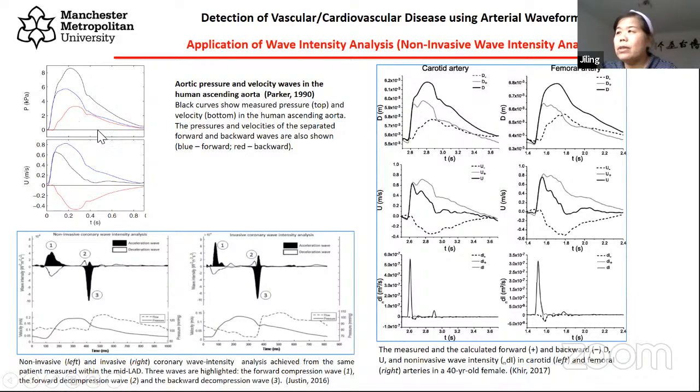That is for the aortic pressure and velocity waveform. And also this non-invasive wave intensity analysis has been used for the carotid artery, femoral artery, and also coronary arteries. So that is basically the background for arterial wave propagation in the cardiovascular system.